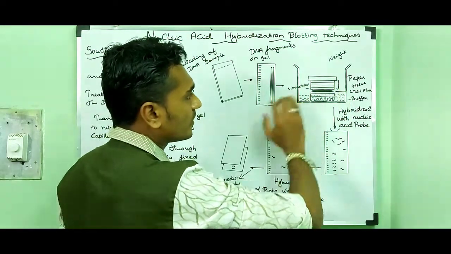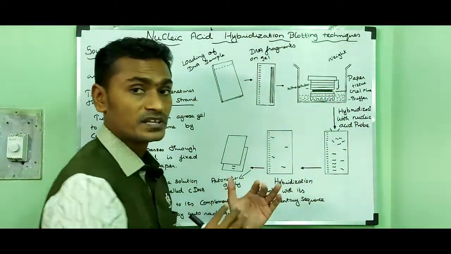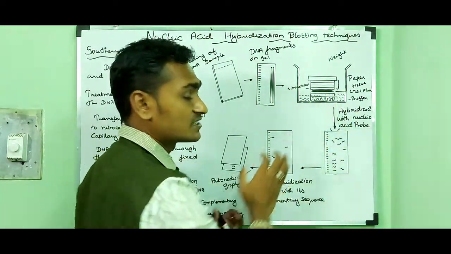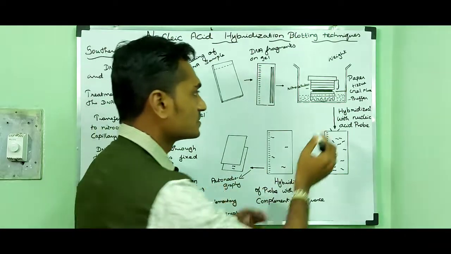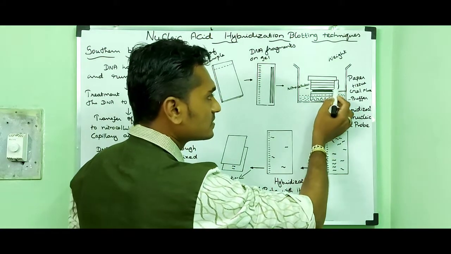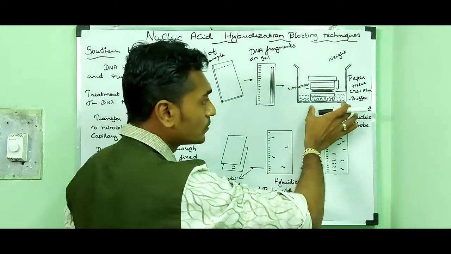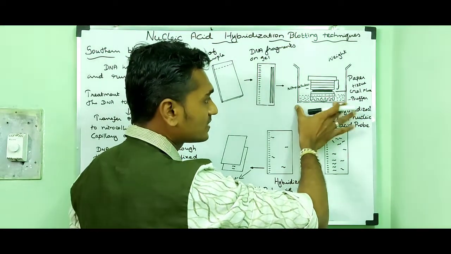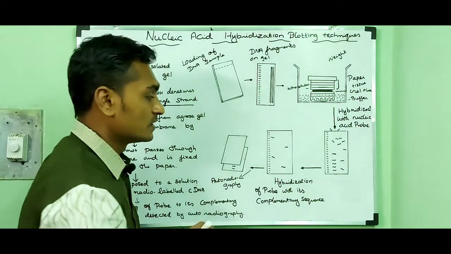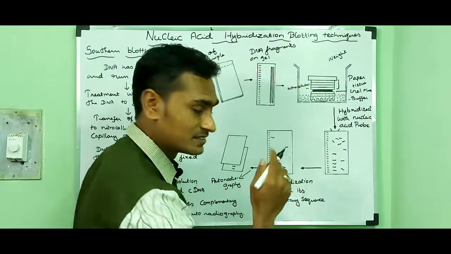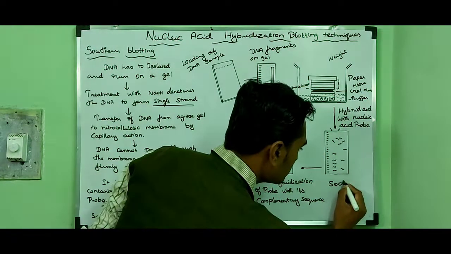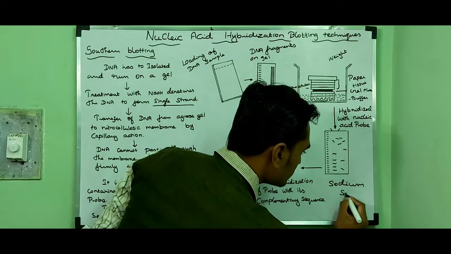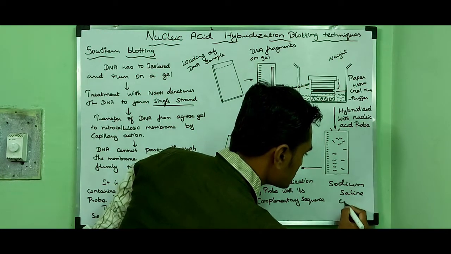Here you can find the gel plate which is placed above a buffer saturated filter paper, and this container contains a buffer solution, and that buffer solution contains sodium saline citrate.